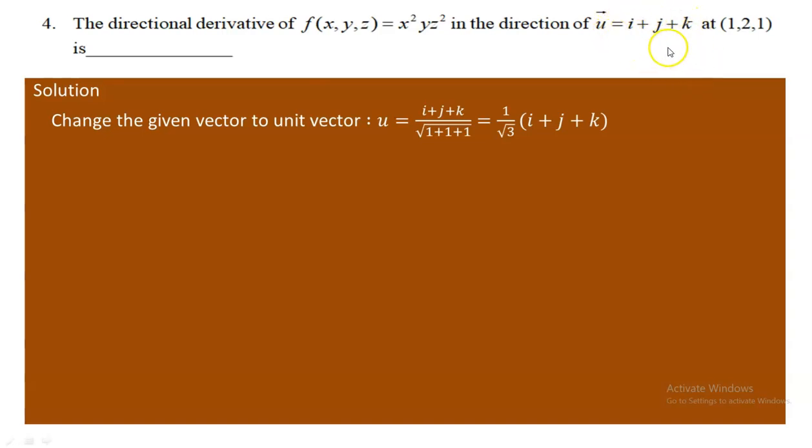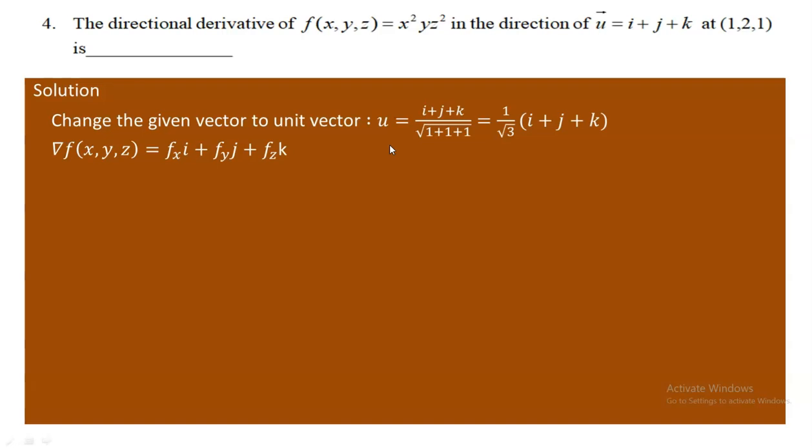So to change a non-unit vector to a unit vector, we need to divide the vector by its magnitude, as you know, because it is a unit vector that has to be considered in our formula. So u is (1 over radical 3)(i + j + k), which is now the unit vector.